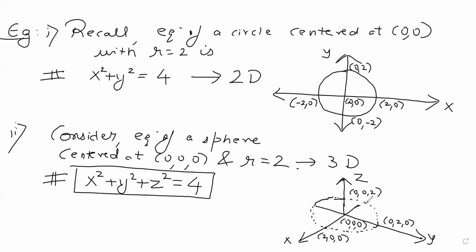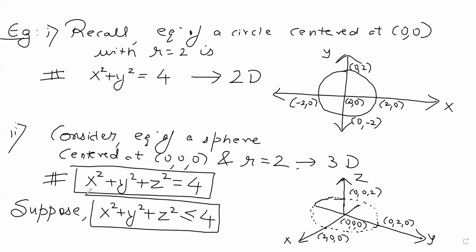Okay, and now instead of plotting this, suppose I have to plot the equation x square plus y square plus z square less than or equal to 4. Now less than or equal to 4 is going to include all the volume inside it.